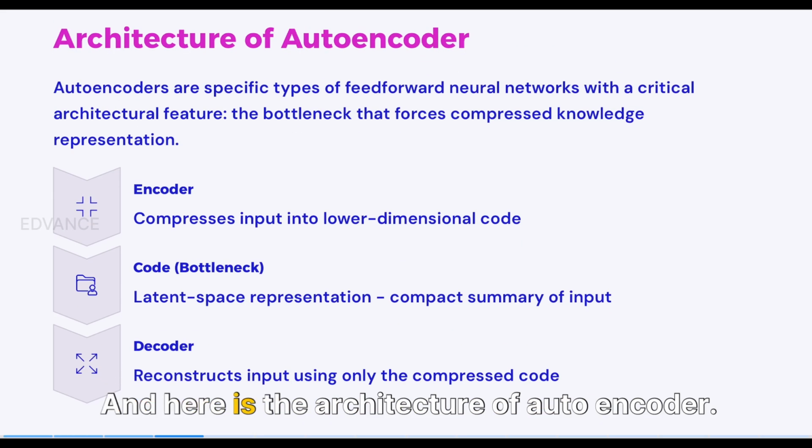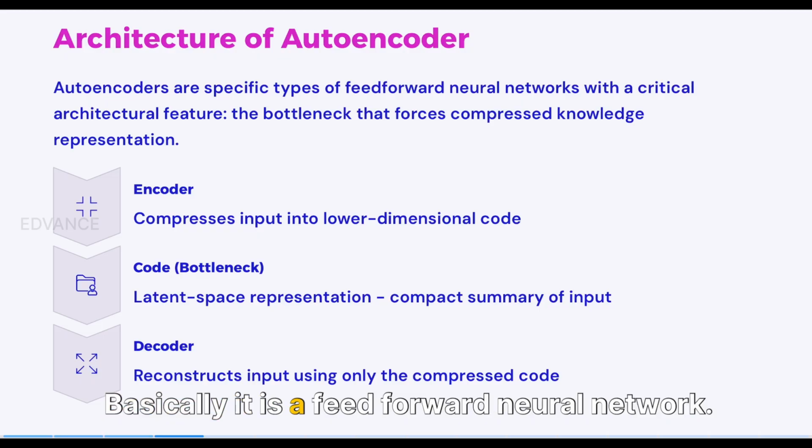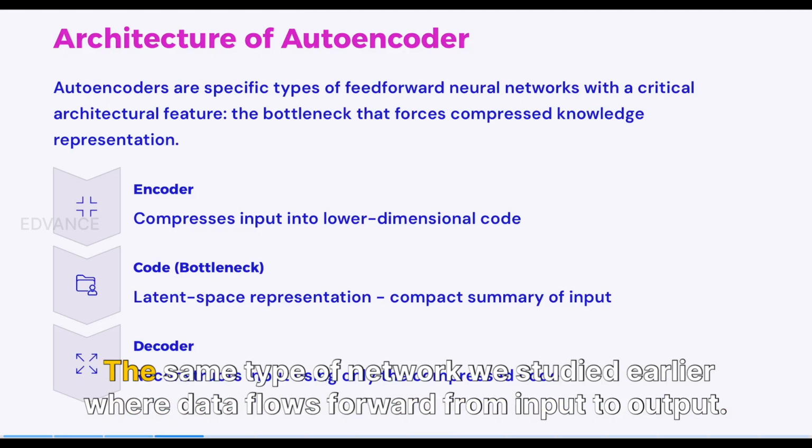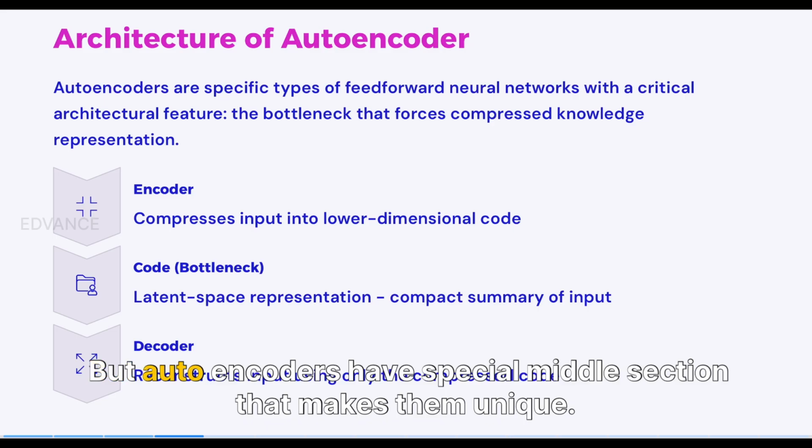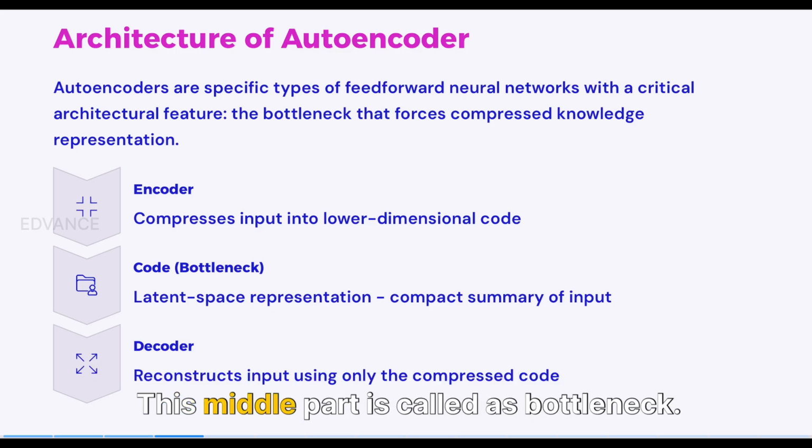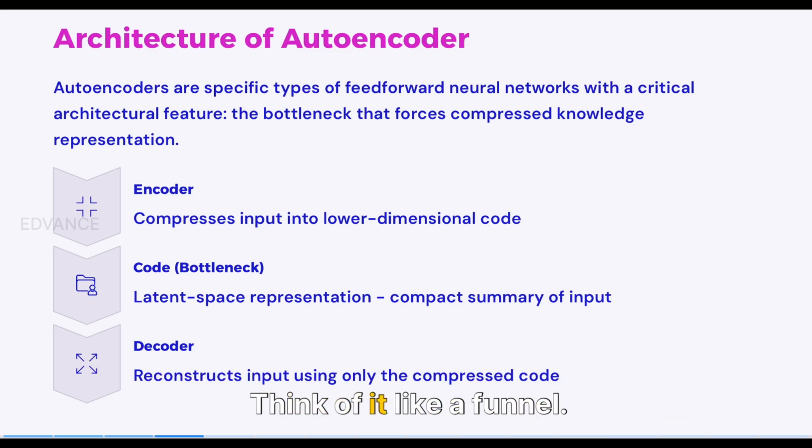And here is the architecture of the autoencoder. Basically, it is a feed-forward neural network, the same type of network we studied earlier, where data flows forward from input to output. But autoencoders have a special middle section that makes them unique. This middle part is called the bottleneck. Think of it like a funnel.